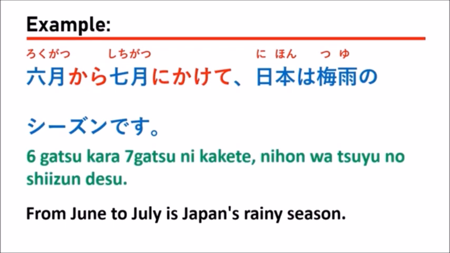That means they say 6月から7月, which means from June to July. During that time is the rainy season in Japan. So you can use the grammar of nani nani kara nani nani ni kakete, and in that situation you explain what happened in that range of time.